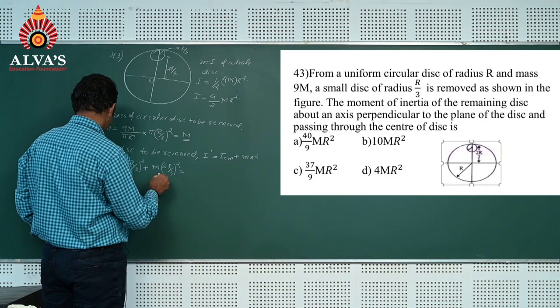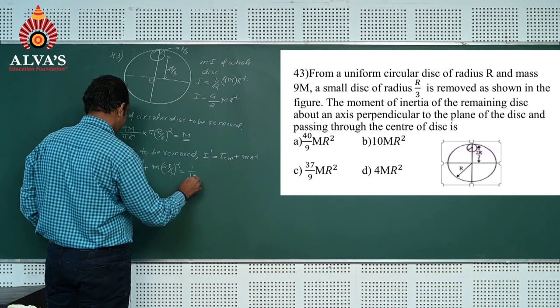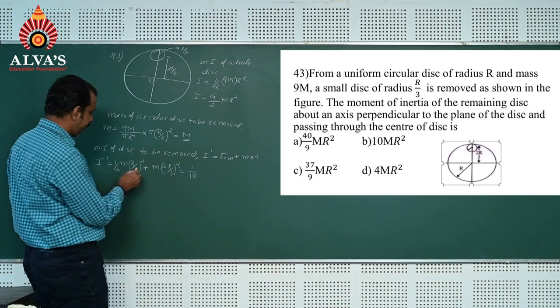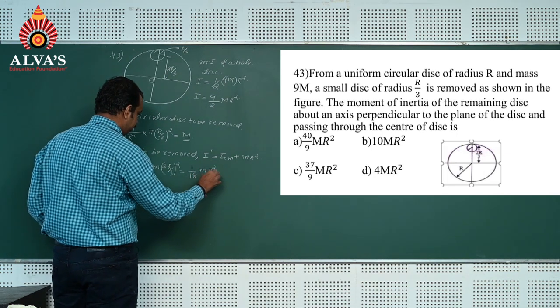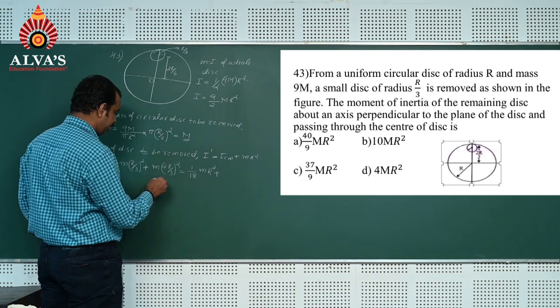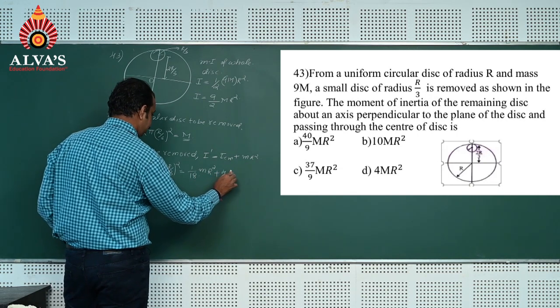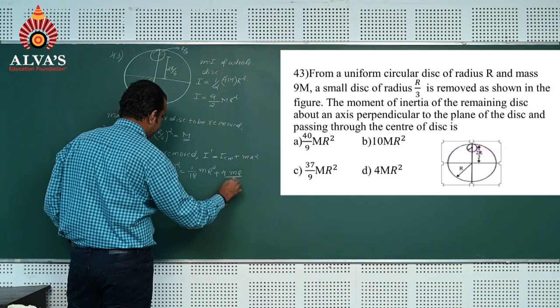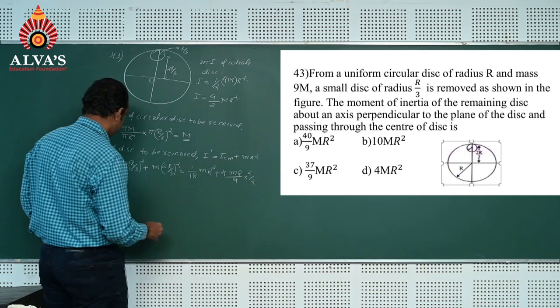Which is equal to 1 by 18 m r square, since 9 into 2 is 18, plus 4 by 9 m r square. To make this also 18, I multiply it by 2 divided by 2.